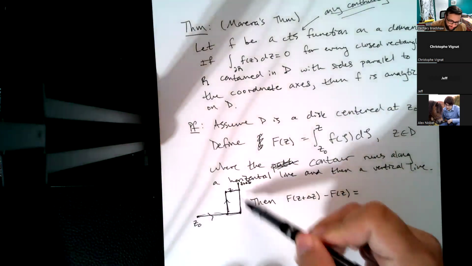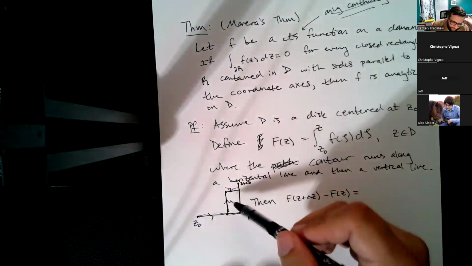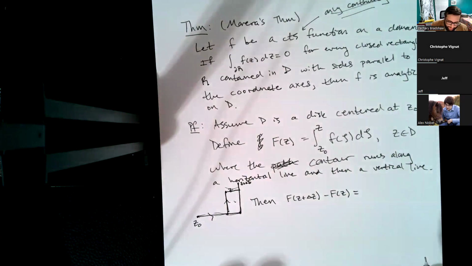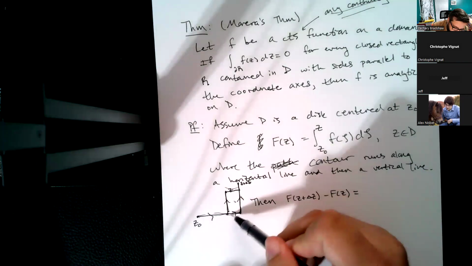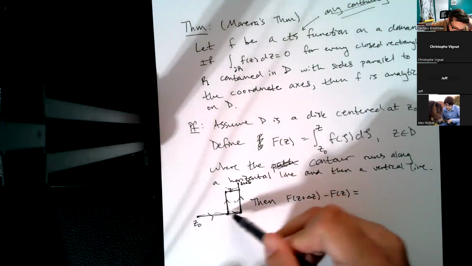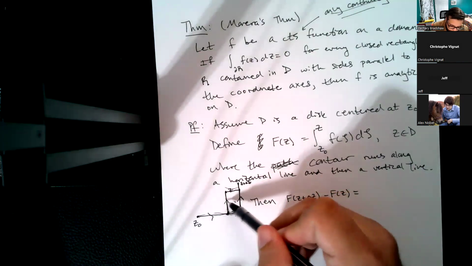And this is one such rectangle. And so the integral over this rectangle is 0, which tells us that the integral along this contour is equivalent to the integral along, oh, I drew this backwards.